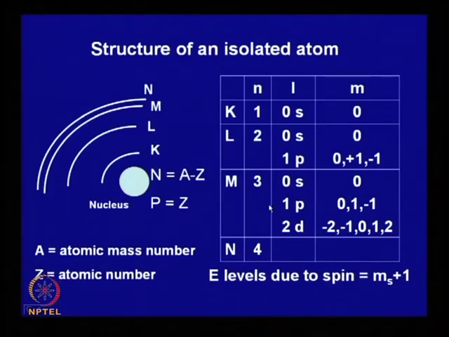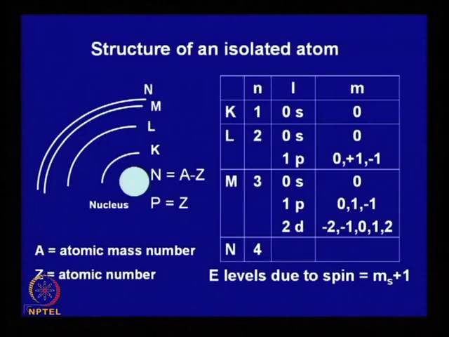And just to recapitulate things, this we know already: atoms are made up of subatomic particles. You have a nucleus where the total mass is concentrated. It consists of protons and neutrons.